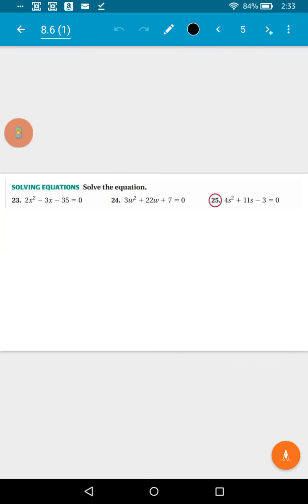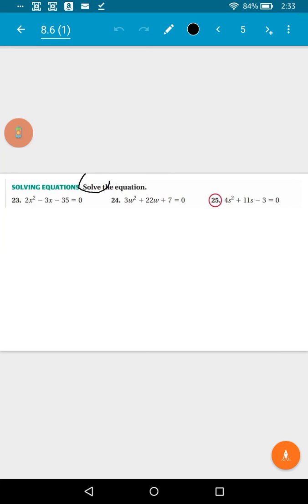I am going to do one of these, which is solving the equation. I know on the homework I gave you guys over the weekend, many of you guys had questions on the last 3. You will see why I said you guys have done this before. So let's take a look at number 23. 2x to the second minus 3x minus 35 equals 0.